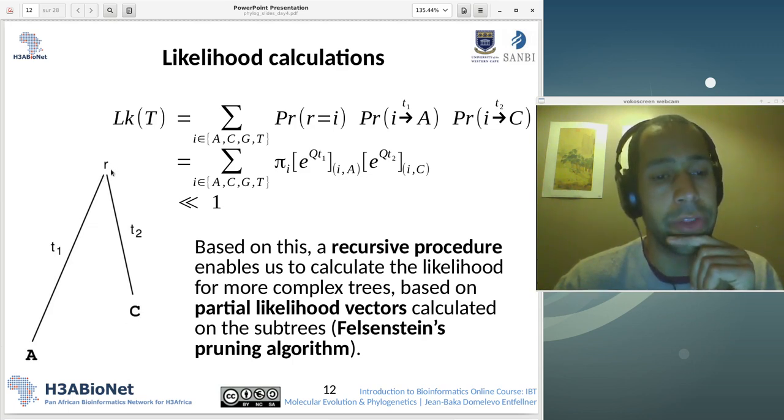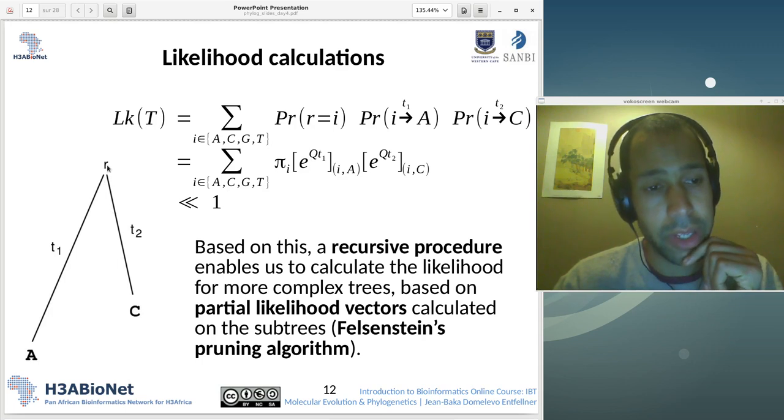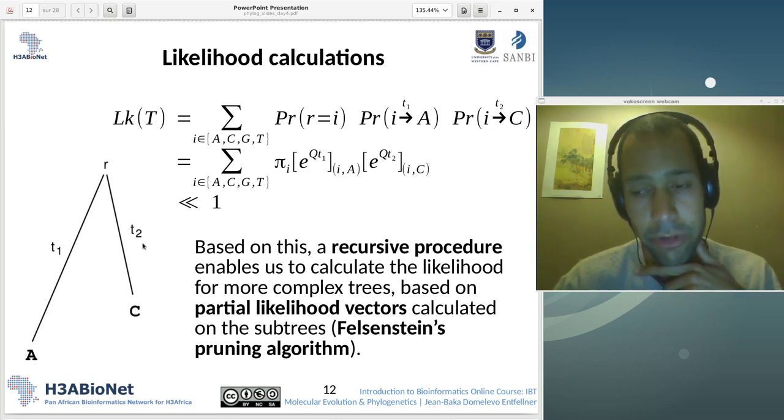So then the probability to have this tree is the probability to have some ancestral character here, being the same, obviously, for this branch and this branch. This ancestral character, the probability for it to evolve into A over a time T1, and independently to evolve into C over a time T2.